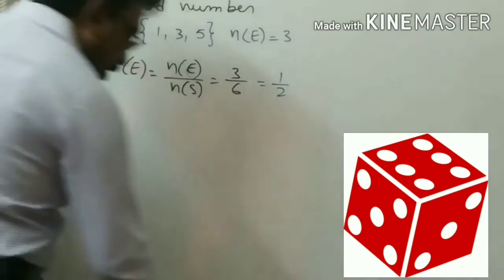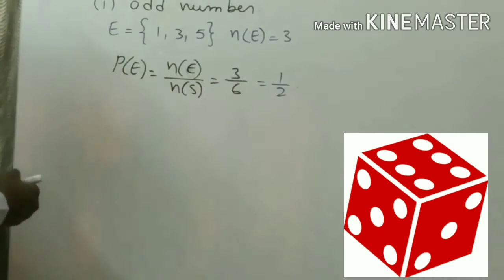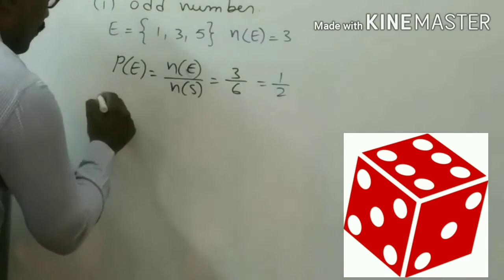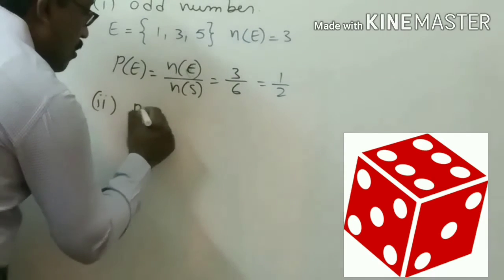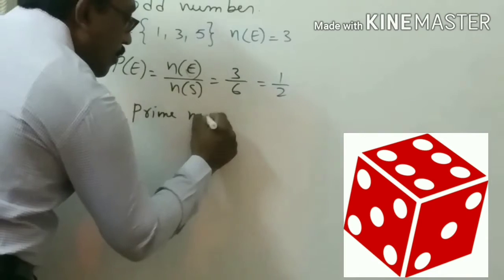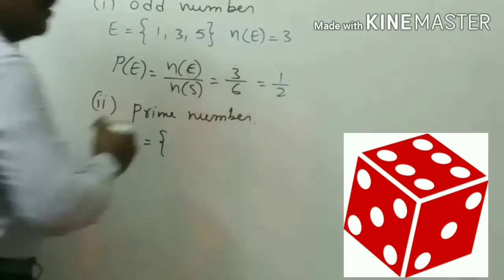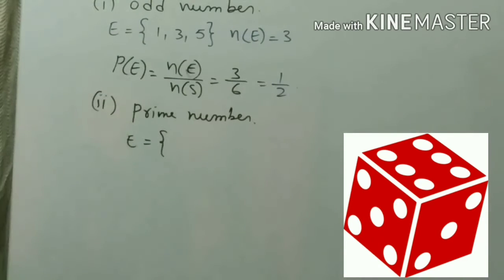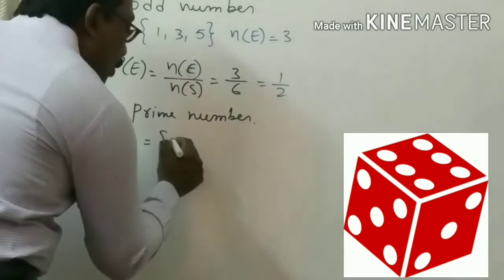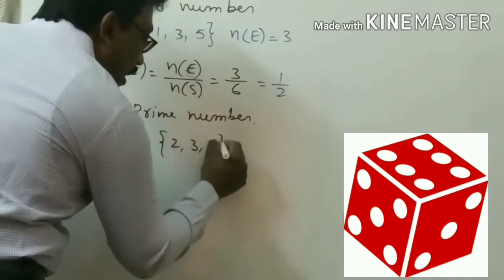Suppose your next question is probability of getting a prime number. What are the prime numbers here? One is not a prime number; one is neither prime nor composite. So 2, 3, 5.